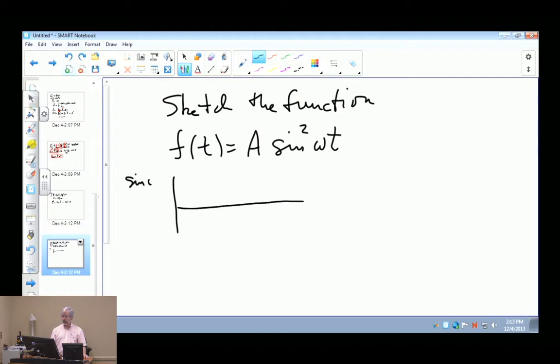So, just to demonstrate that, sine of omega t definitely goes negative. It starts off at 0, goes negative like that, and this is 2 pi over omega. It goes from plus 1 to minus 1.